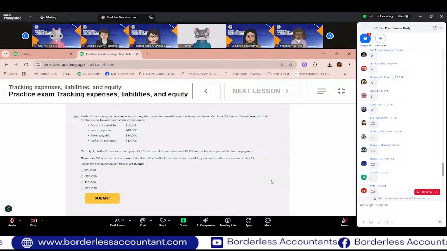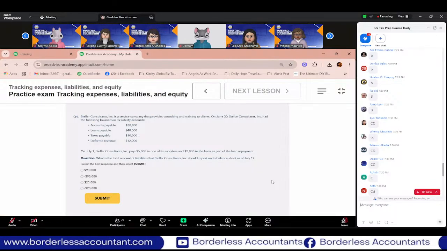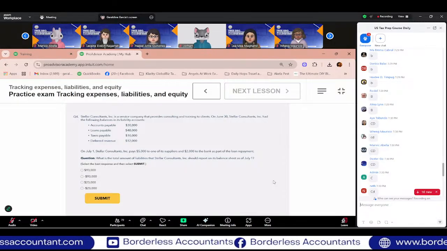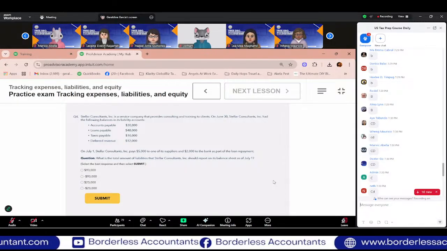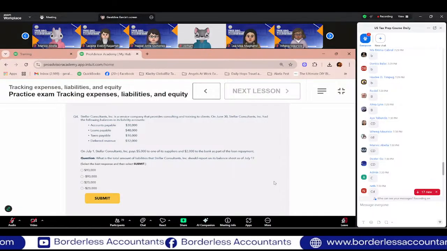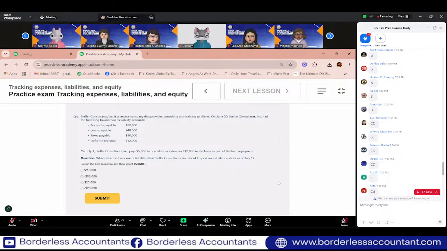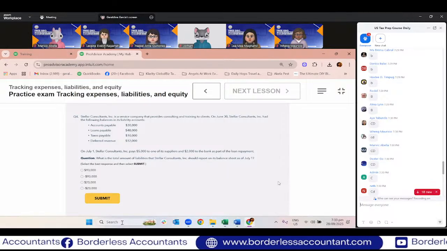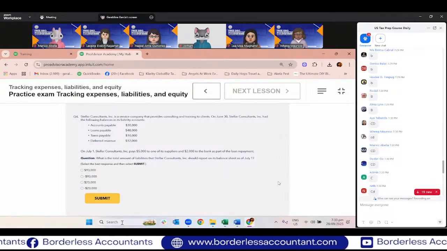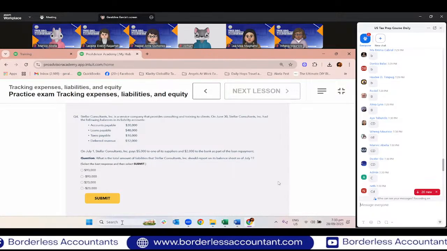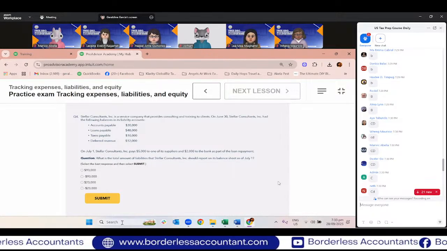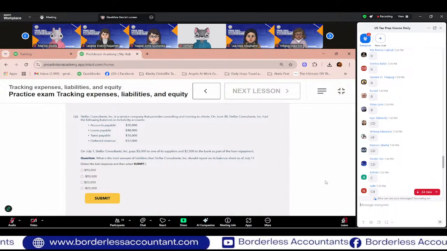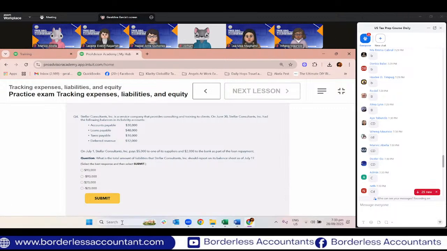On July 1, it pays 5,000 to one of its suppliers and 2,000 to the bank as part of the loan repayment. What is the total amount of liabilities that Stellar Consultants should report in its balance sheet as of July 1? A, 93,000, B, negative 93,000, C, 23,000, D, negative 23,000.